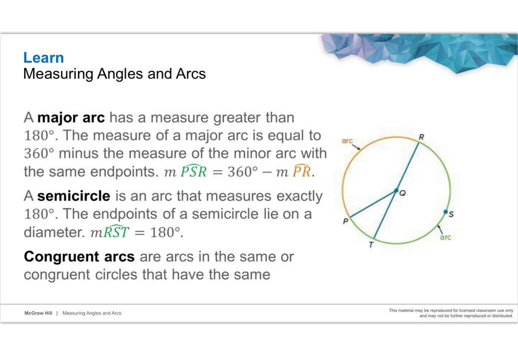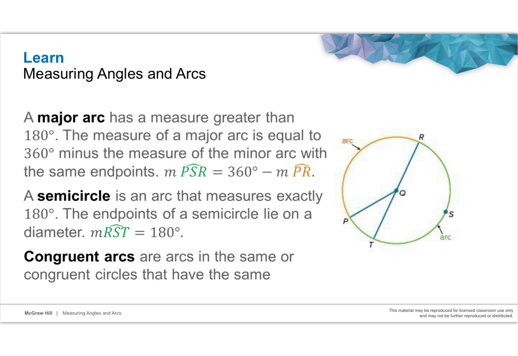So you can see on the diagram here, our arc that goes from P to R is our minor arc, that's orange, and our major arc goes from P to R, but it goes the other way around the circle, and it goes through a third point, S. Notice that's a three-letter name for major arcs. So we find that measure by simply taking 360 degrees minus the minor arc.